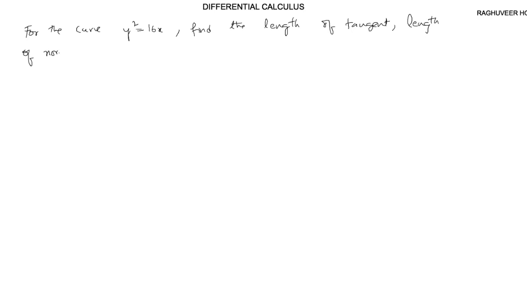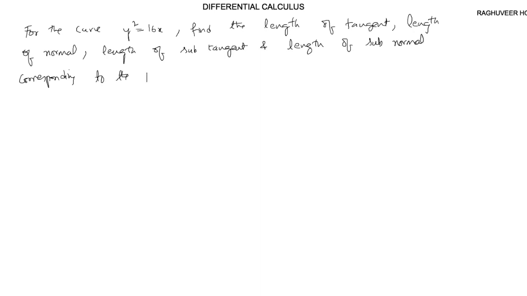Let us find the length of tangent, length of normal, length of subtangent, and length of subnormal, corresponding to the point (1, 4). So let's see the solution for this.